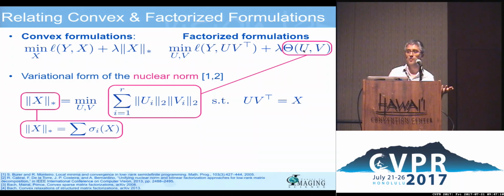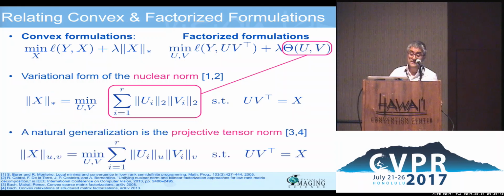So maybe the two problems are equivalent, so if I have a global minimum for this, it'll be a global minimum for that. But not quite, because of this minimum that goes in here. What is true is that this quantity is less than or equal to that, but they need not be equal. They're only equal if I minimize over all choices of U and V.